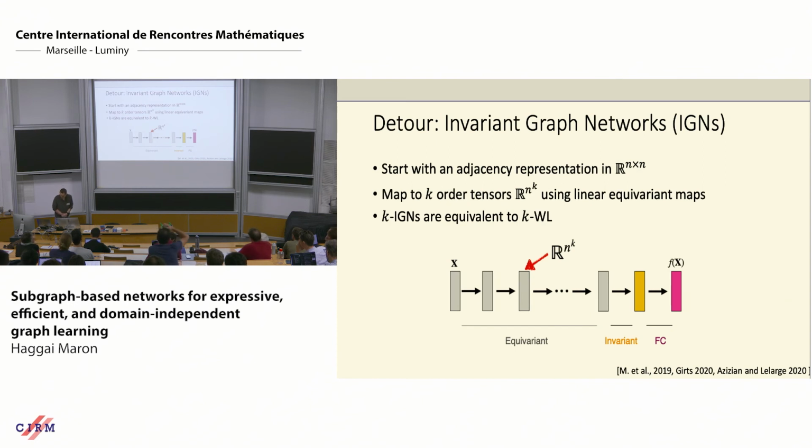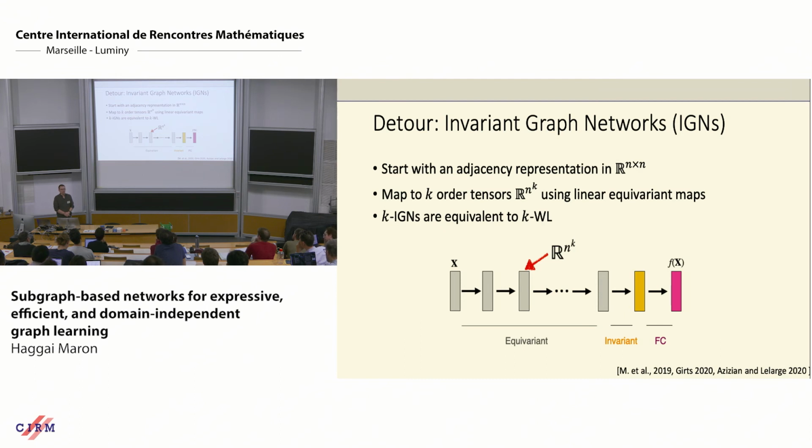In order to understand what we are doing here, we will take a slight detour and talk about invariant graph networks. Those are based on a paper from 2019. The idea is that you start from an n by n adjacency matrix representation of your graph, and then you use linear equivariant layers. Those layers are able to map to higher-order tensors as well.